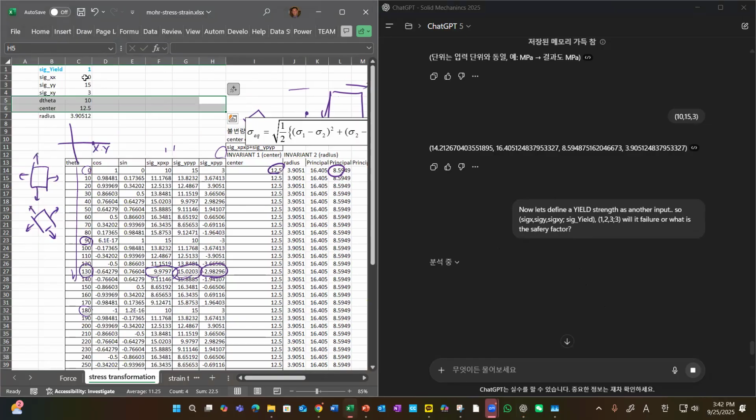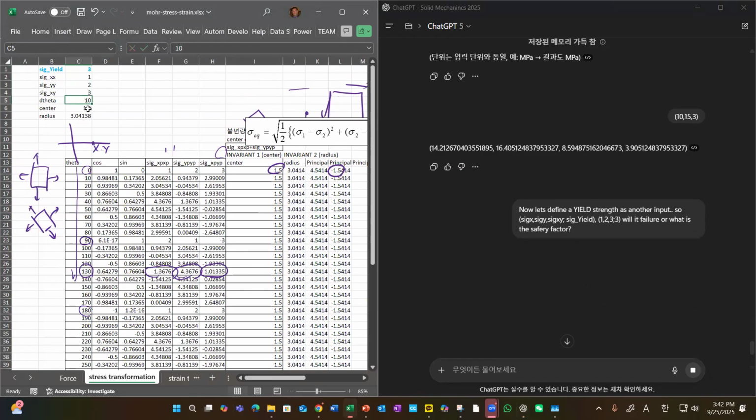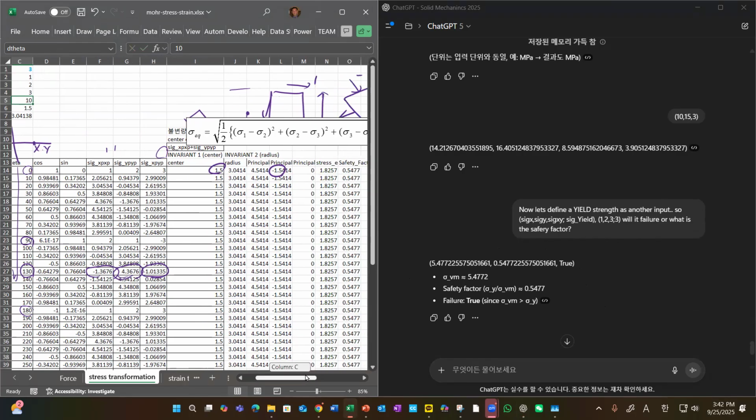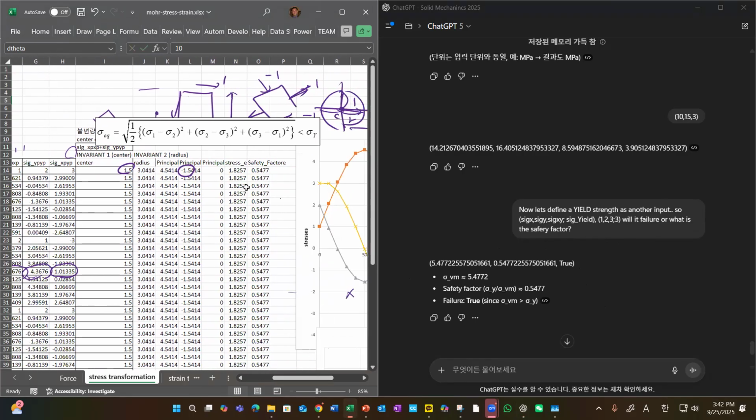Let's do this quickly. Yield strength is 3 and then 1, 2, 3. Then is it a failure, or what is the safety factor? Safety, von Mises, he says 5 point, von Mises, divided by that. What is the safety factor?